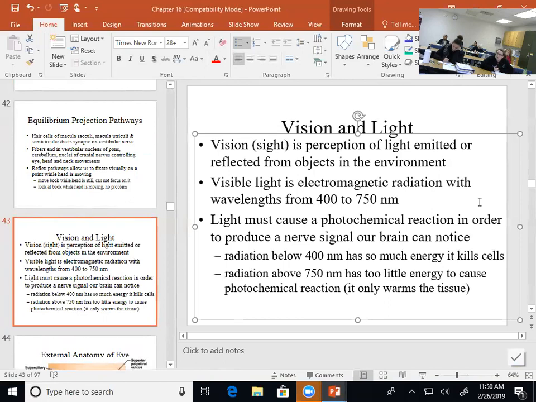They don't innervate our photoreceptors, and they have less energy. Think of microwaves and radio waves, these long waves. You with me? The visible light spectrum is the light waves that measure within this range. That makes sense?